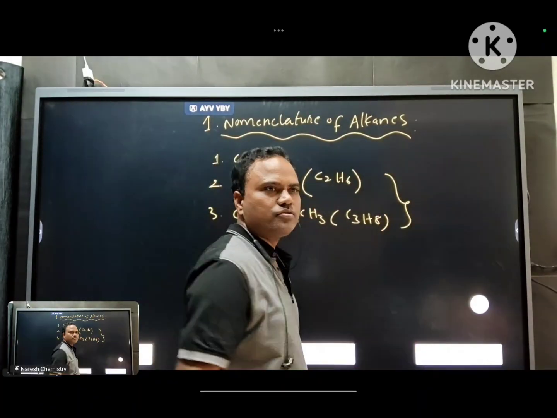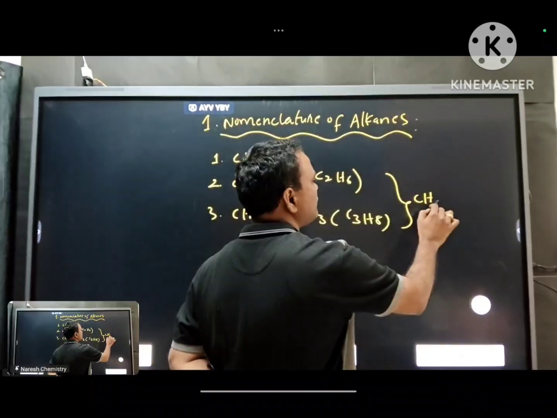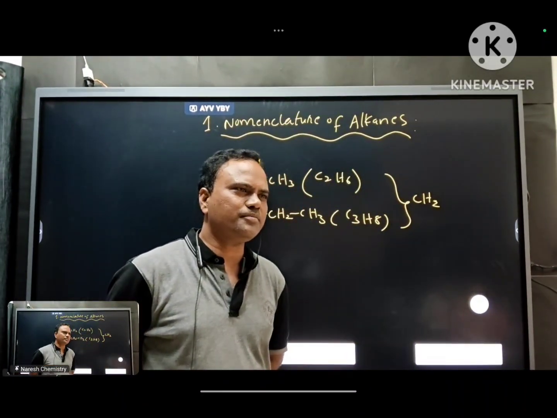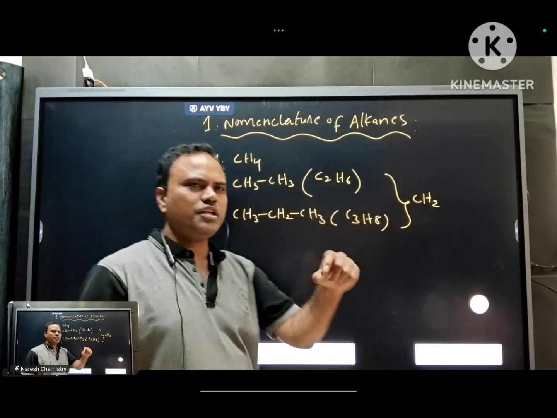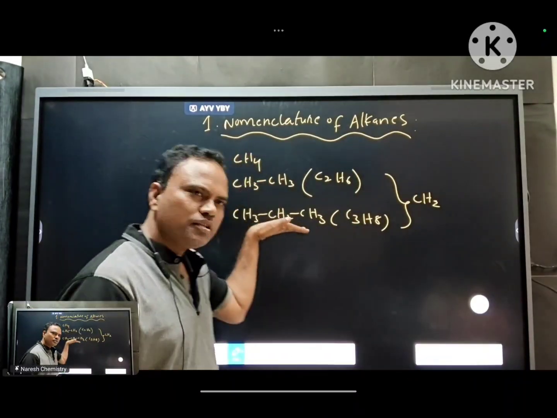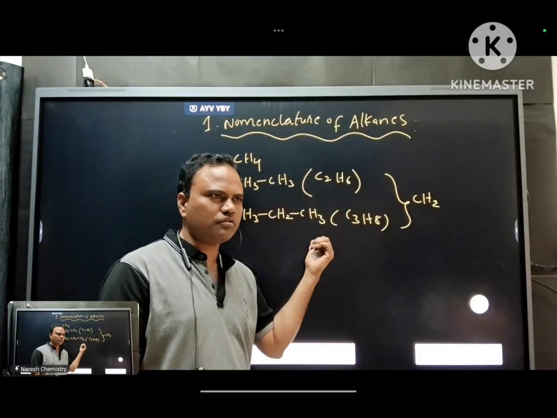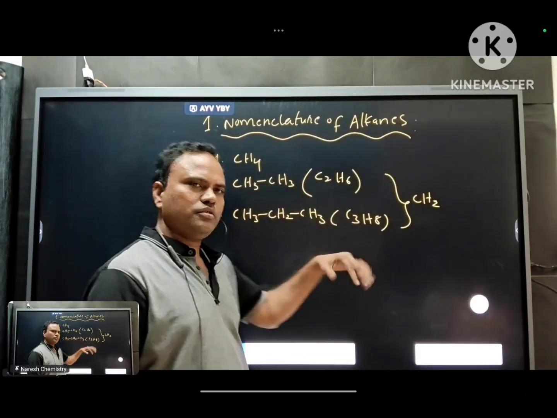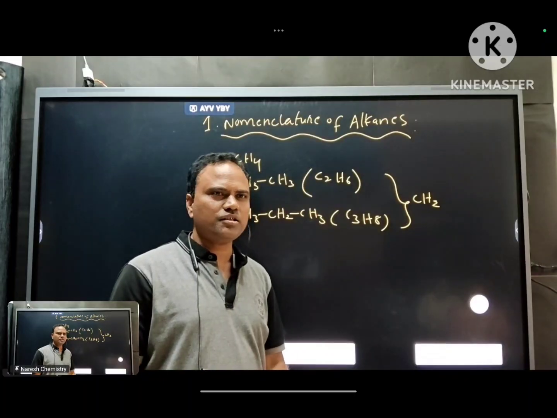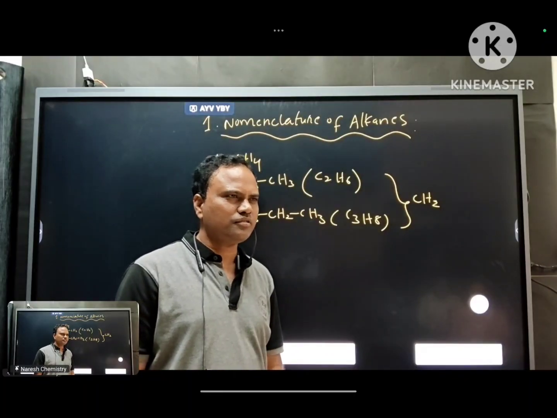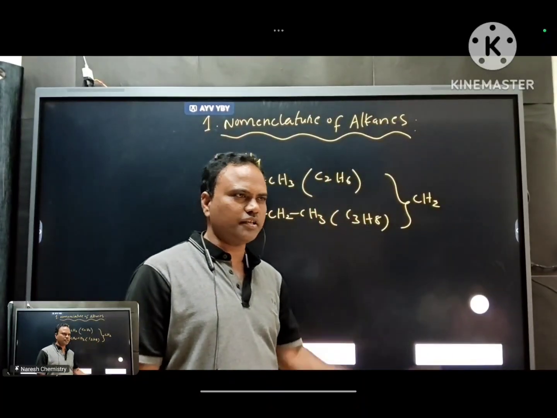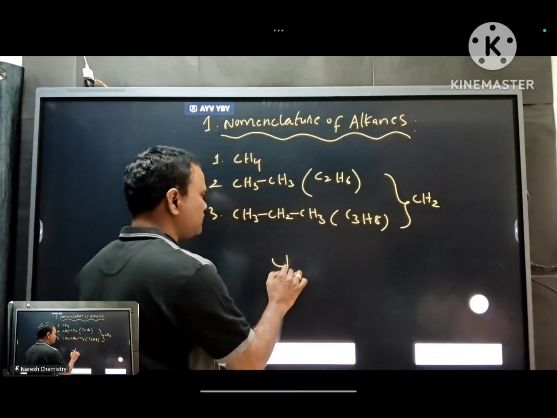What is the difference between these two? One very important point: homologs belong to the same functional group. A homologous relationship exists between similar functional groups. This is alkane, this is also alkane. Is this alkene? No, alkane, alkane. Similar or same? Both are same. Now look at this.